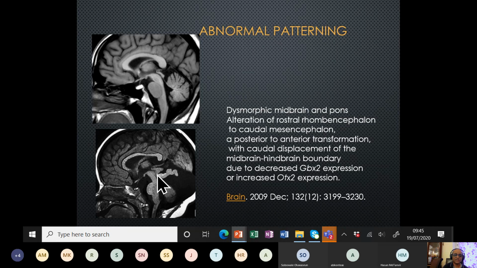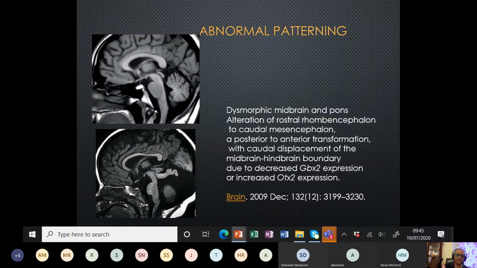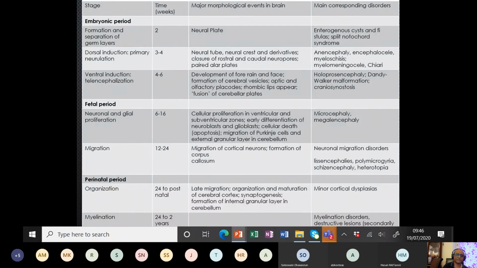Here you can see that the cerebellar vermis is at a much higher level, so the isthmus is actually caudally displaced. The midbrain-hindbrain boundary is now caudally displaced. And you can see that the pons itself has a much more dysmorphic appearance. So this is a patterning that occurs as a background process. I've highlighted that, but it occurs throughout the process of embryogenesis.